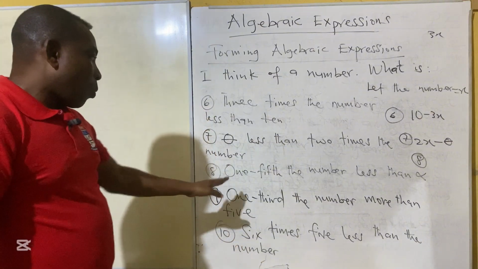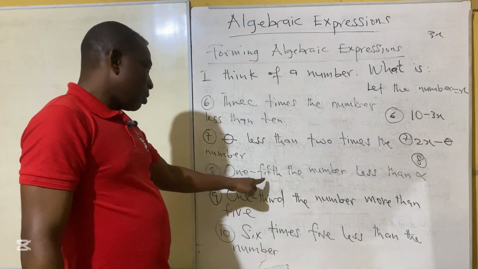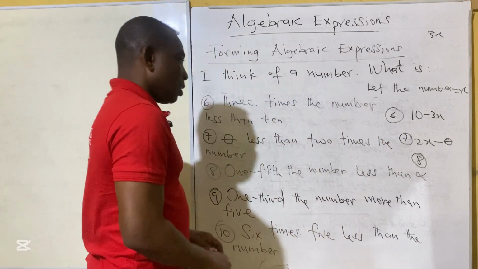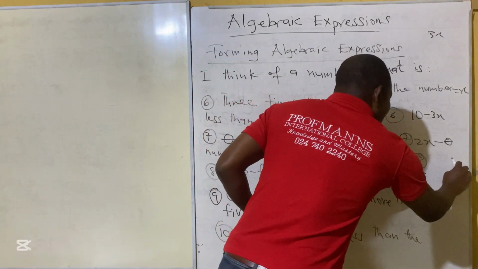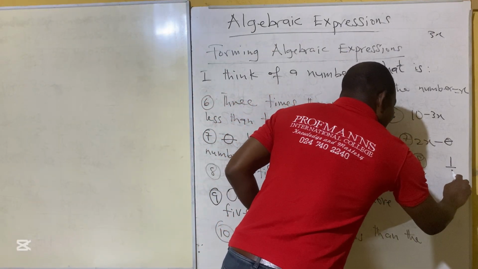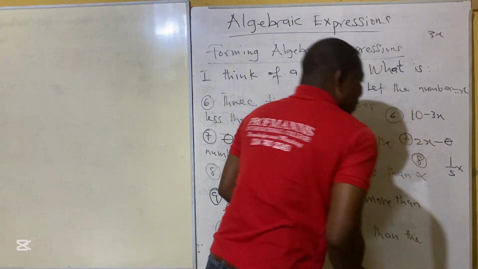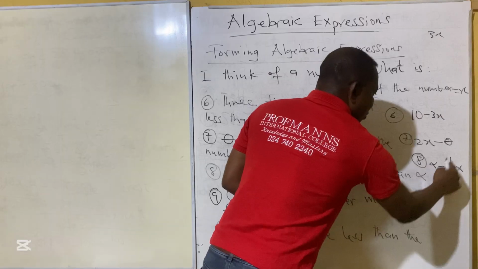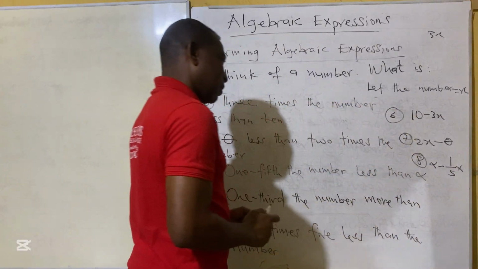Number 8, 1/5 of the number less than alpha. So 1/5 of x less than alpha. So it's going to be alpha minus 1/5 x.